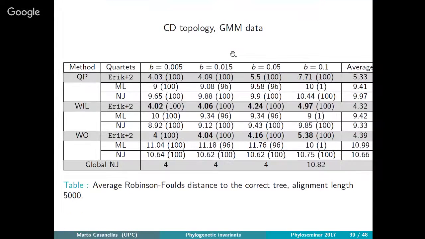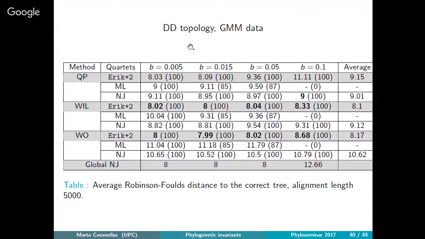For the CD topology, which was a bit more difficult, we still have better results for the ERIC+2 method, although it's getting a bit worse. And for the DD topology, which is much worse, we also have better results for the ERIC+2 method. And these results are comparable to a global neighbor joining tree.